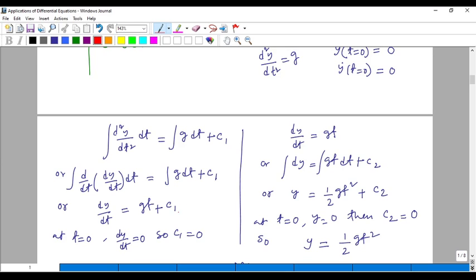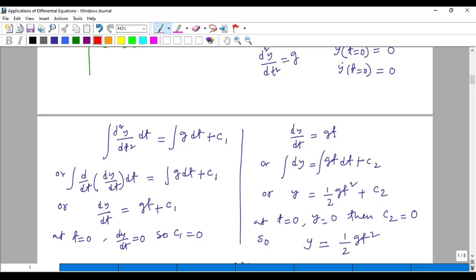We can get the value of c1 using the initial condition. At t equal to 0, we know that dy/dt is equal to 0, so c1 equals 0. Now putting this value into that equation, we get dy/dt equal to gt.